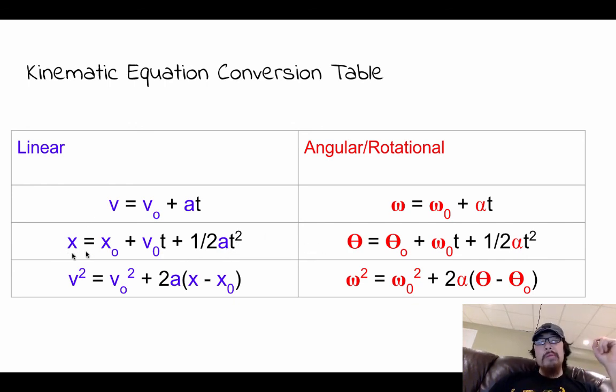Okay, now anything that is position, we have angle. So final theta is equal to initial theta plus the initial angular velocity times time plus 1/2 times the angular acceleration t squared. So sometimes in class you might hear me say this as theta final is equal to initial theta plus initial omega times time plus 1/2 alpha t squared, right?